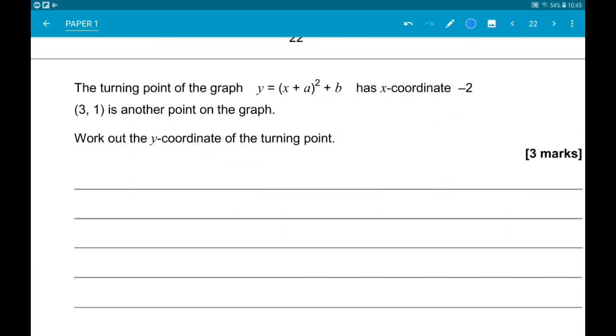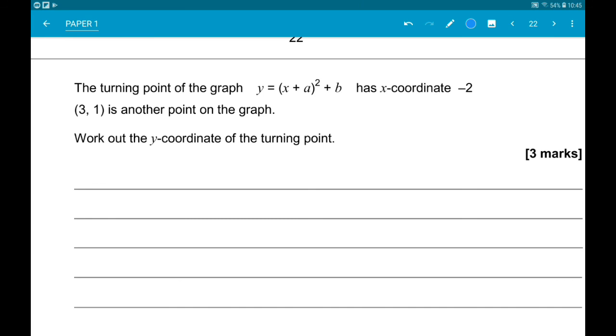Okay, next up, the turning point of the graph of y equals x add a all squared add b has x coordinate minus 2. 3, 1 is another point on the graph. We want to work out the y coordinate of the turning point.